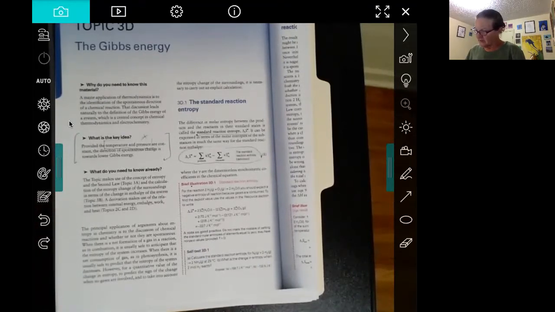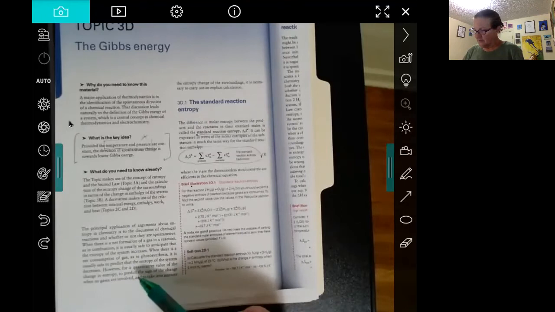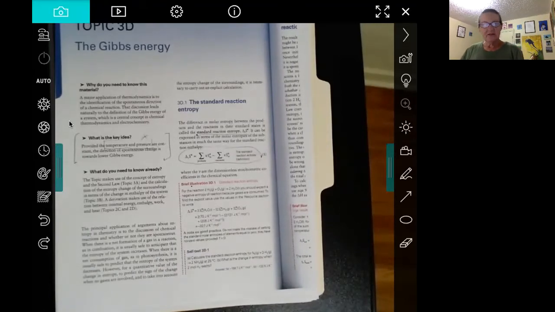So we know lots of cases where a reaction might produce gases or use up gases, where we would be able to determine the direction of the reaction if it was just the system's entropy that mattered. But we need to be able to determine the entropy change of the whole universe when a process takes place. So you might say, well, in photosynthesis, the entropy decreases because you're taking gases out of the atmosphere, making sugars, so you're making fewer molecules. But that's not necessarily the case. Sometimes that's true.